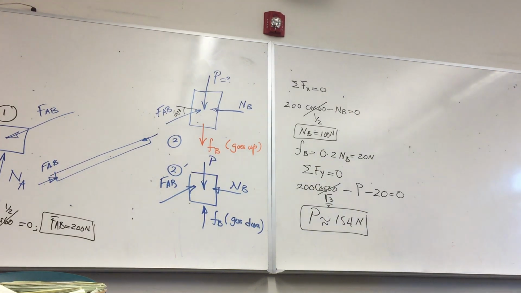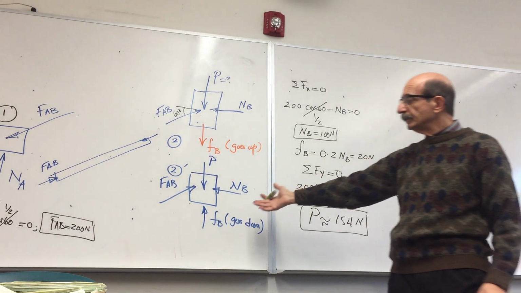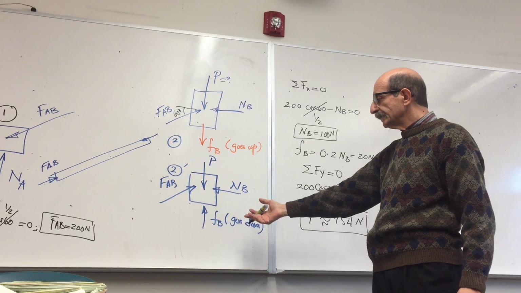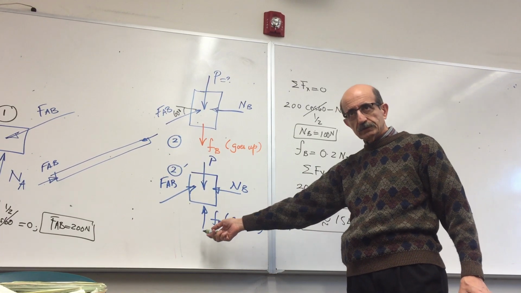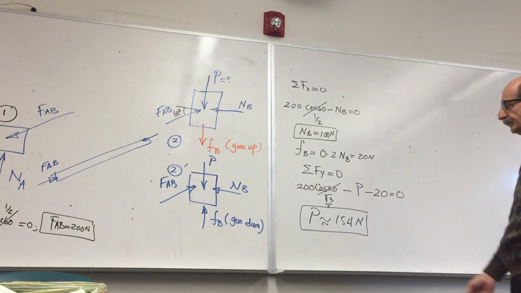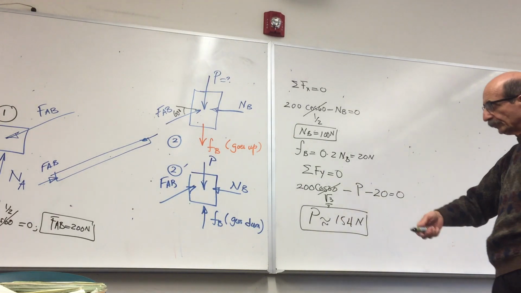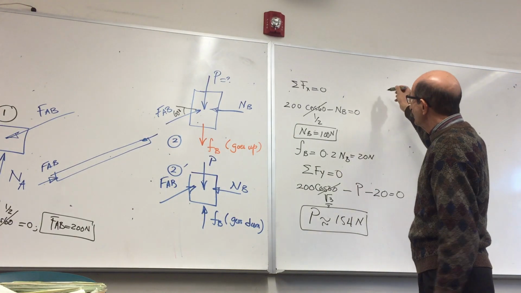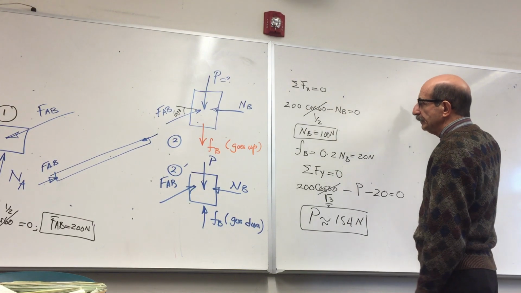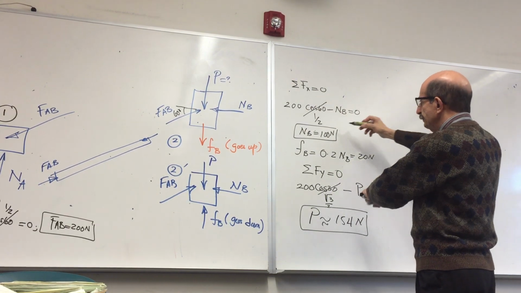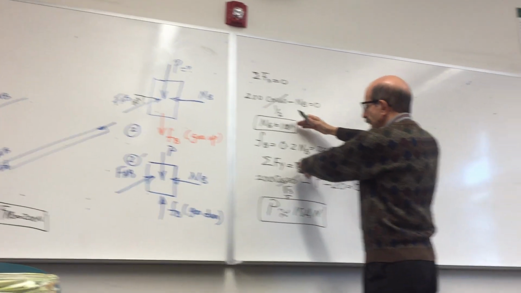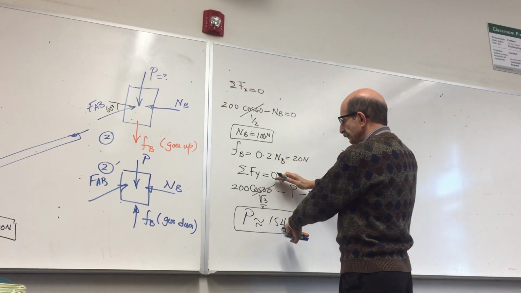If you use this one, you can see that you would need to deduct this force, I'm sorry, add that force. Let's write it down anyway. If you consider the other case, this part doesn't change, it's only this one.